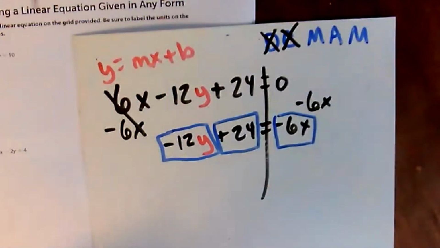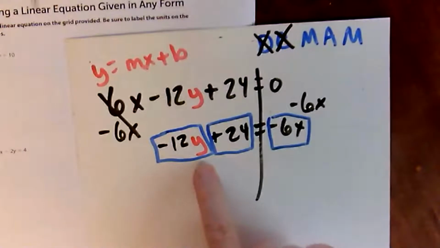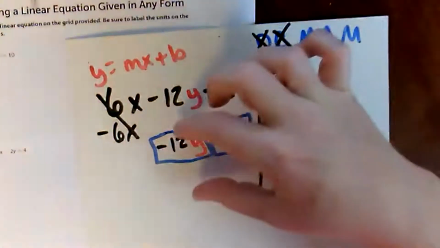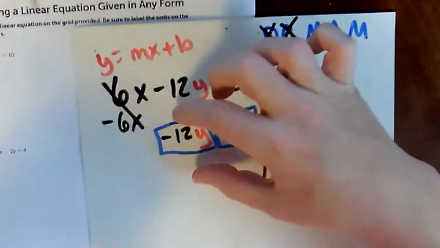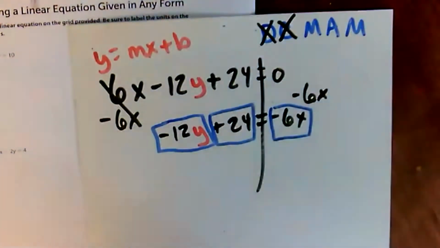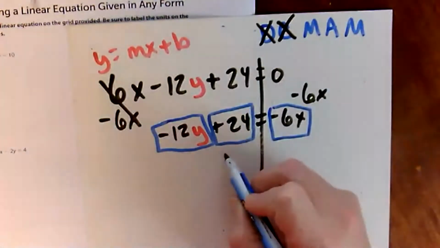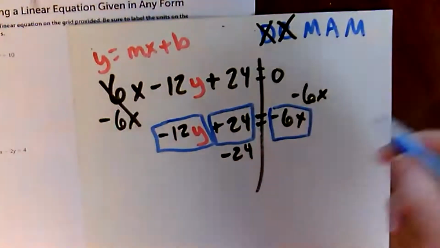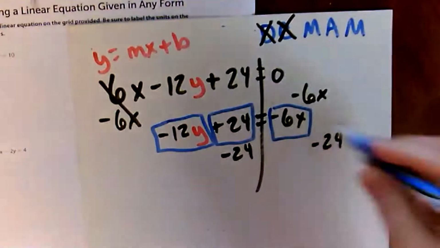So what I need to do to try to get Mr. Y by itself, I need to move the big chunks first. So is there another big chunk that's bugging this whole negative 12y thing? The positive 24? Positive 24, absolutely. So you subtract that on both sides? Yes, ma'am. Negative 24, negative 24.